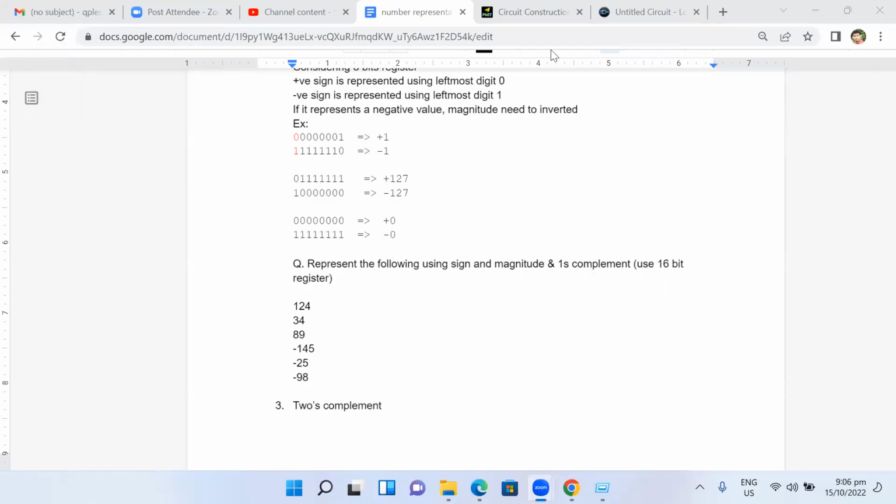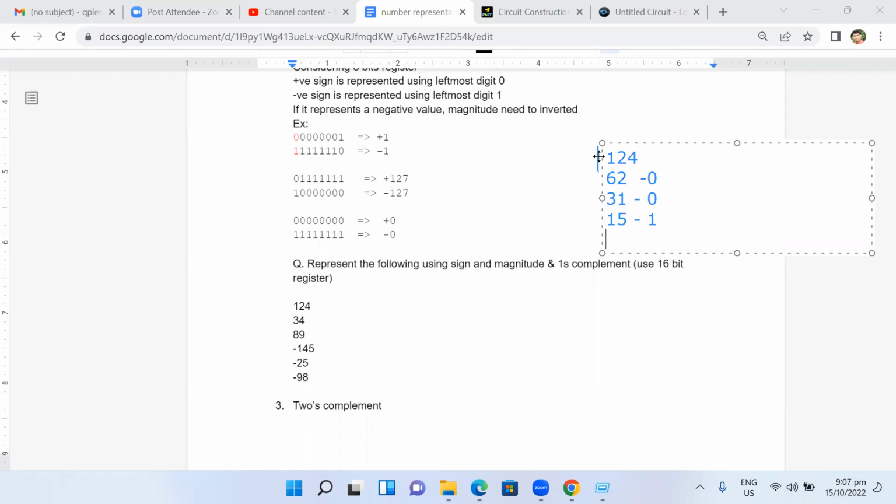First thing is 124. Divide by 2 is 62, remaining 0. Divide by 2 is 31, remaining 0. Divide by 2 is 15, remaining 1.